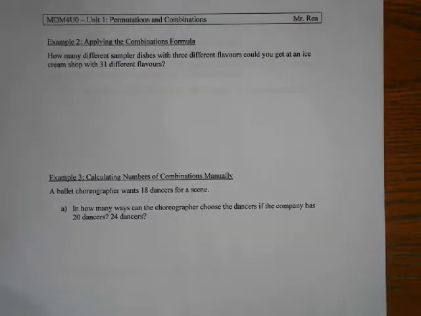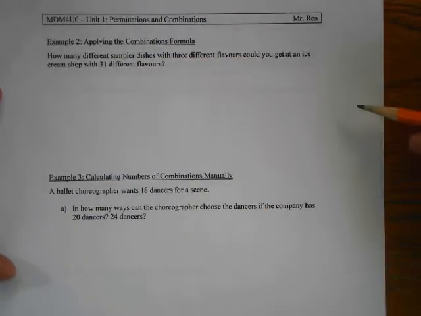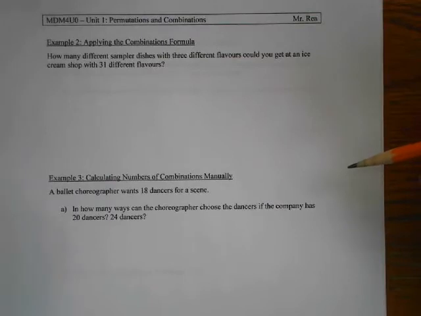We've got: how many different sampler dishes with 3 different flavors could you get at an ice cream shop with 31 different flavors? So this is basically saying the ice cream store has 31 flavors. They give out sampler dishes with three of those 31 flavors. How many different sampler dishes would there be?